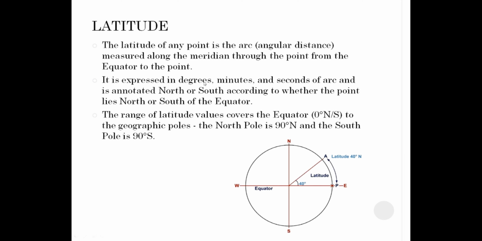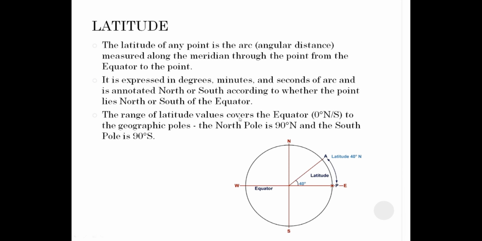It is expressed in degrees, minutes and seconds of arc, and it is annotated north or south according to whether the point lies north or south of the equator. This point lies in the north direction, so that's why the latitude is 40 degrees north. Now suppose we draw the same opposite here, then it is called latitude 40 degrees south, right?